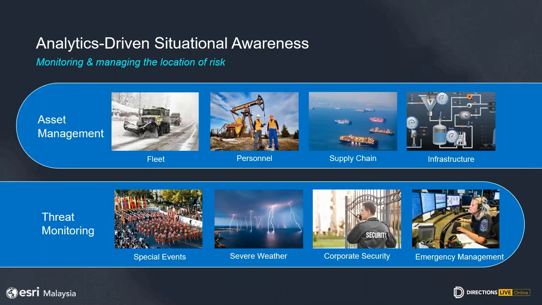Real-time analytics actually goes beyond simply tracking, beyond just a simple tracking point map. It is about how we can leverage data to enhance situational awareness and how it can help our operation. Real-time insight can help us with asset management, where we can track the location of our vehicles or vessels for better fleet coordination.